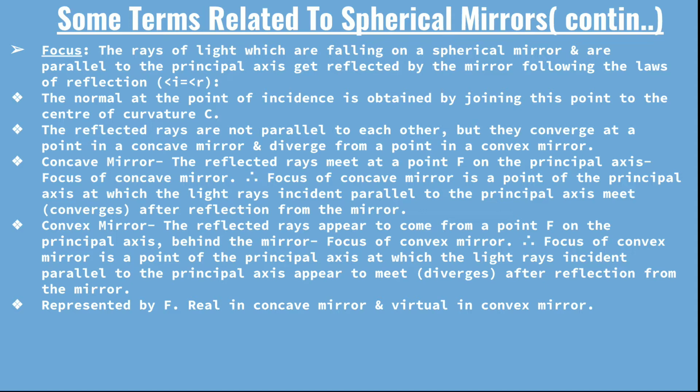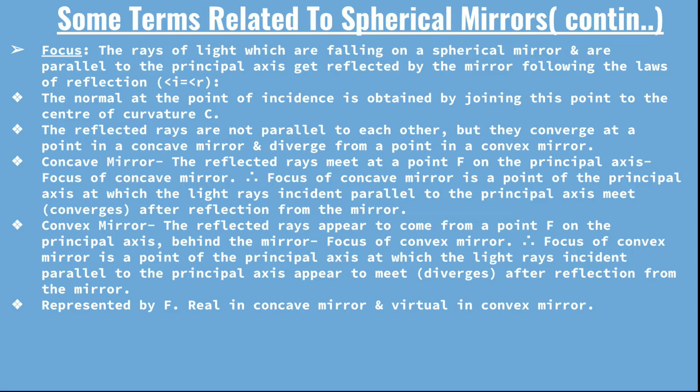The point where the light ray is striking the mirror is joined to the center of curvature, and that is the normal.